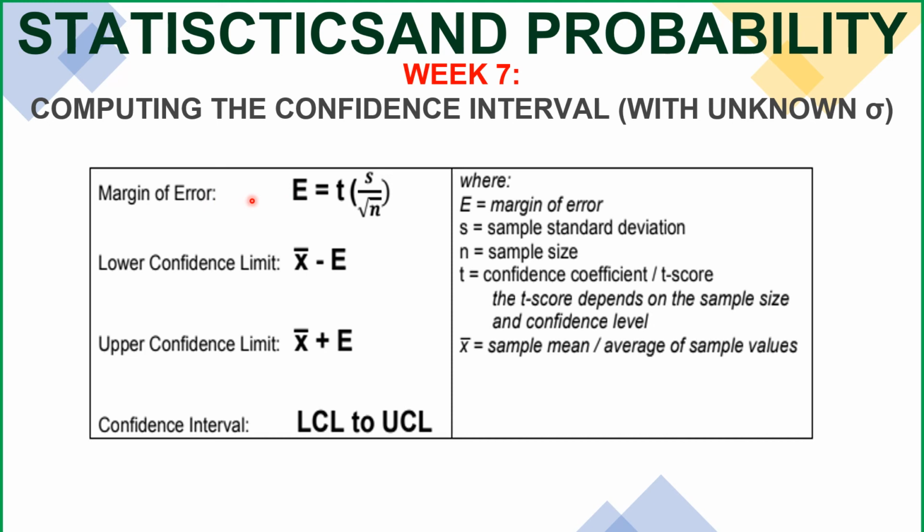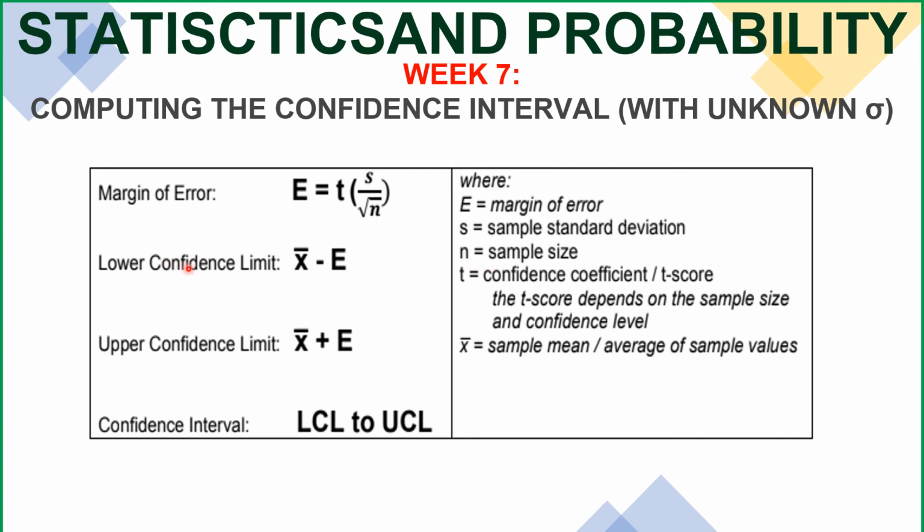Kung kanina, with known sigma tayo, yung ginamit natin is z-score and sigma, or standard deviation of population. Ngayon naman, yung gagamitin natin sa margin of error, imbes na z-score, it's t-score naman. And imbes na sigma, the population standard deviation, gagamitan naman natin siya ng sample standard deviation, all over square root of n, which is the sample size.